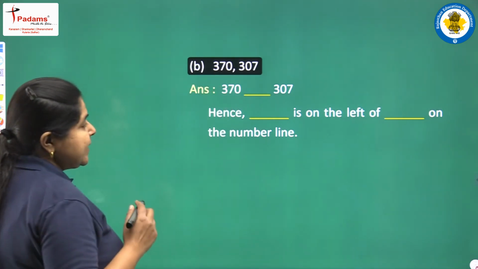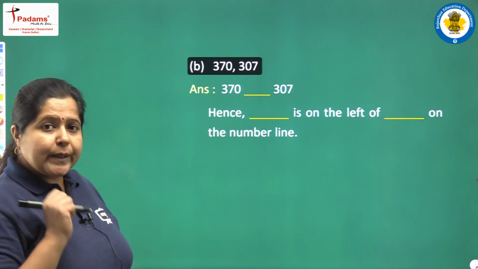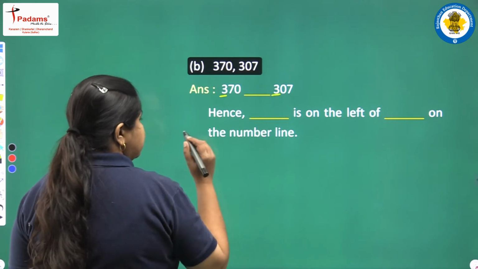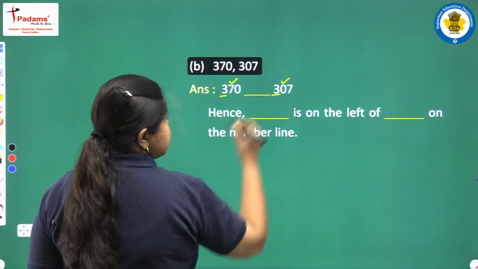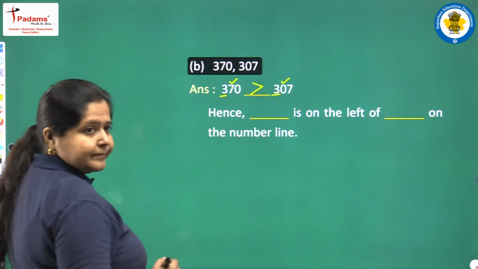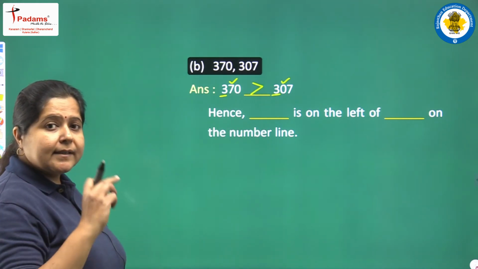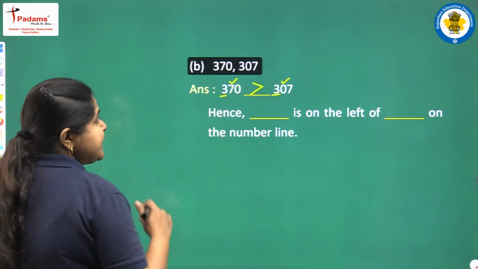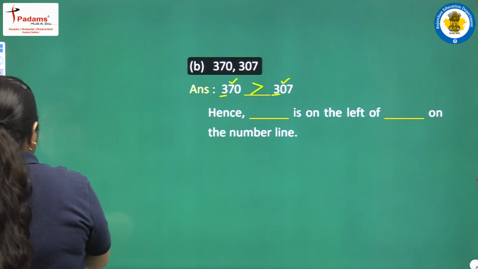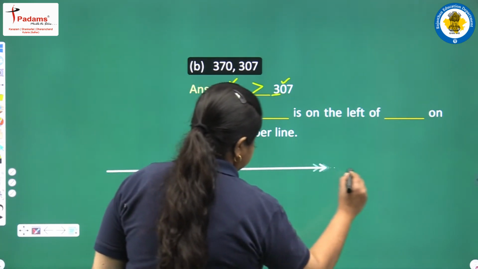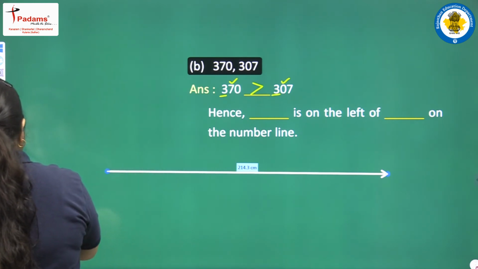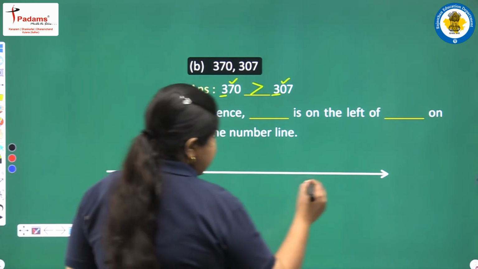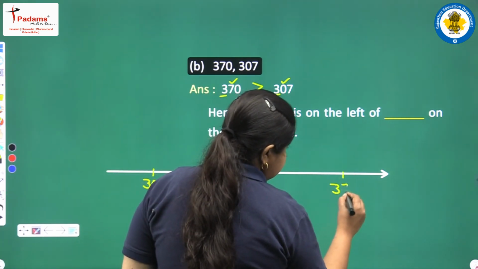Again 370 and 307, we need to judge that which number is greater. You can see that the hundreds place is same, but the tens place it's 7 and it's 0. So, clearly this is greater. Open the mouth towards the greater number. This is greater, 370, and because 370 is greater, so as we draw the number line, you can easily judge that the smaller number will lie to the left and the greater number will lie to the right.